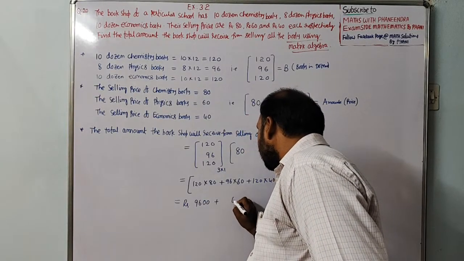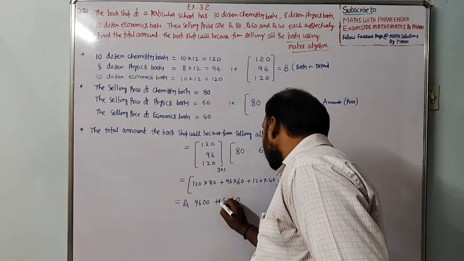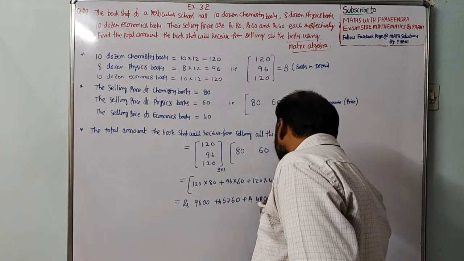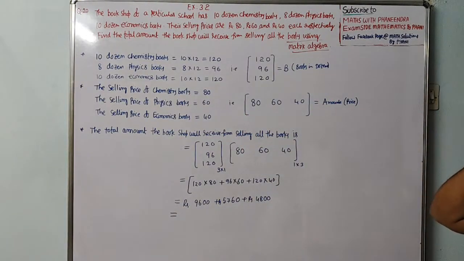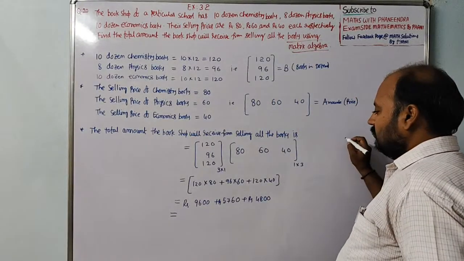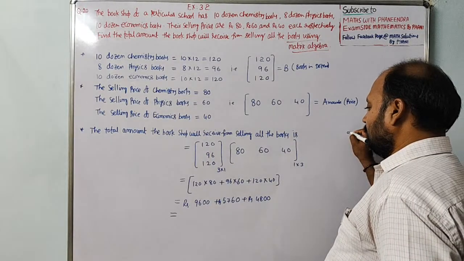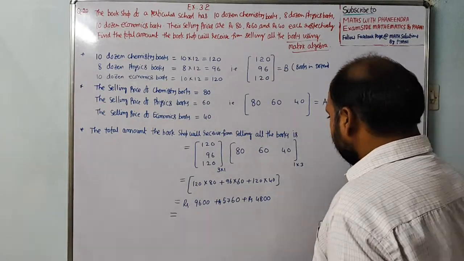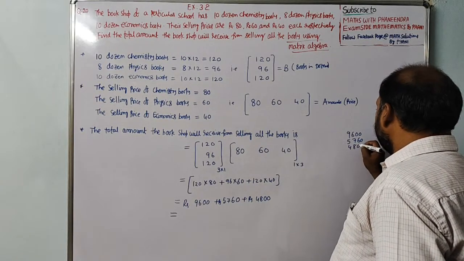Plus, so we can get 9,600, 5,760, 4,800.